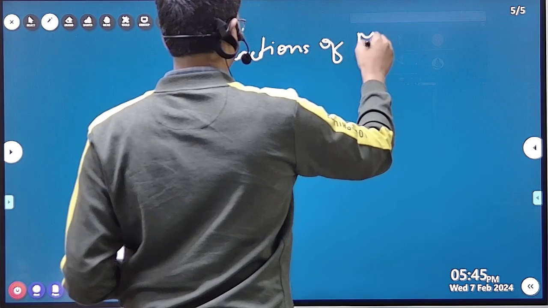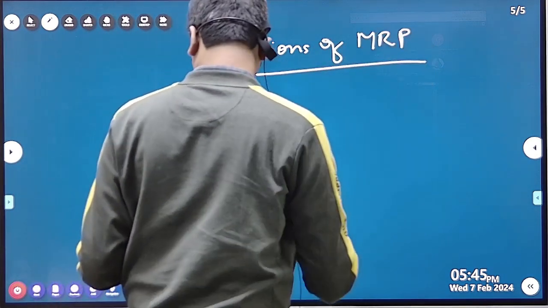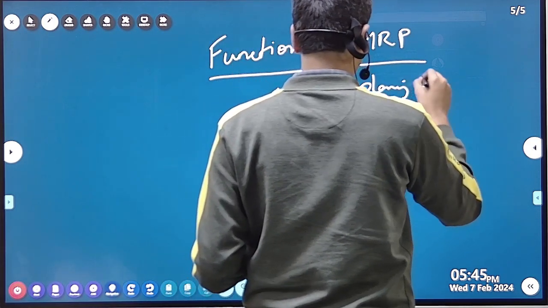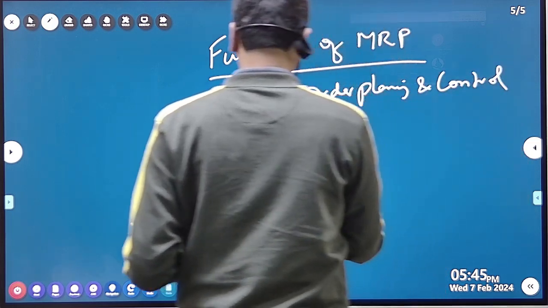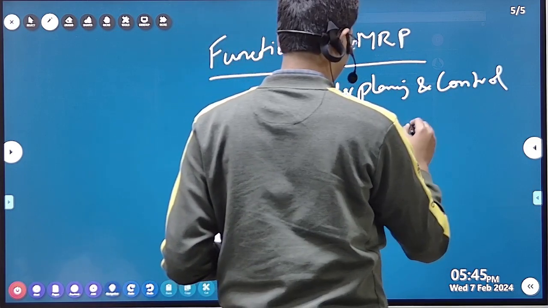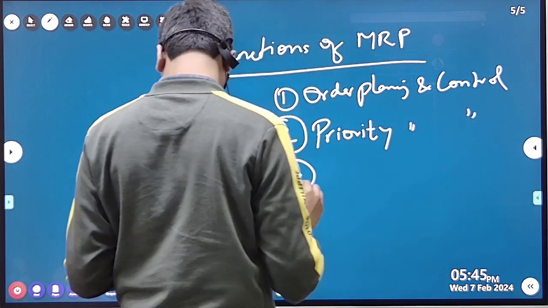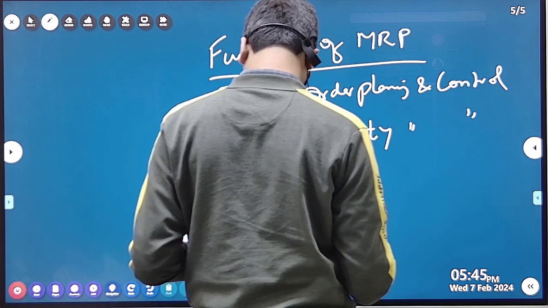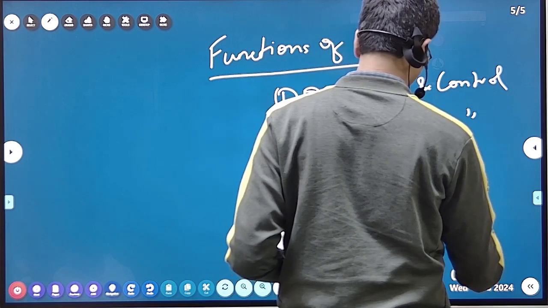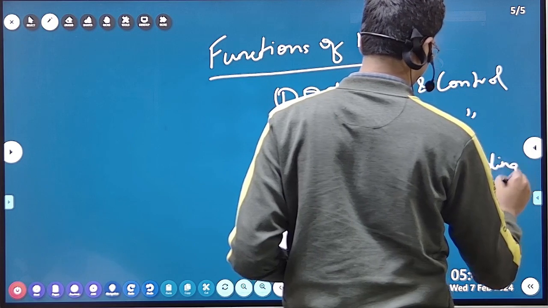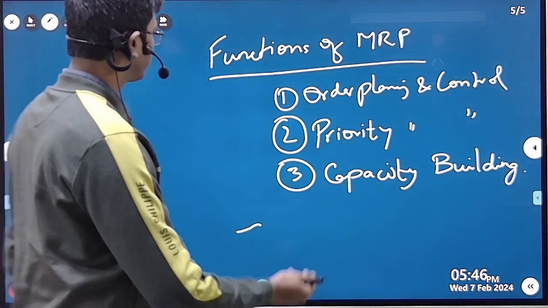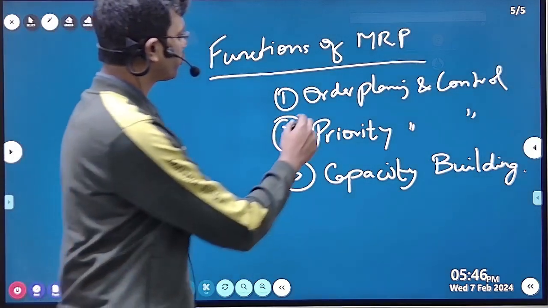So functions of MRP. Okay, so as we have seen, as part of our objectives, order planning and control.